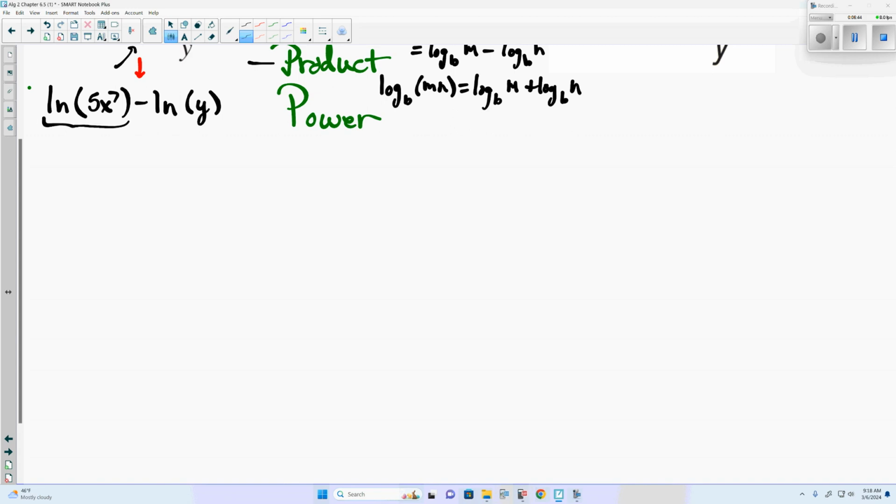The only one out of these 2 that actually has a product is the first one, the natural log of 5 times x to the 7th. Well, our 2 terms are what? 5 and x to the 7th. So our first one would be ln of 5 plus ln of x to the 7th minus ln of y.